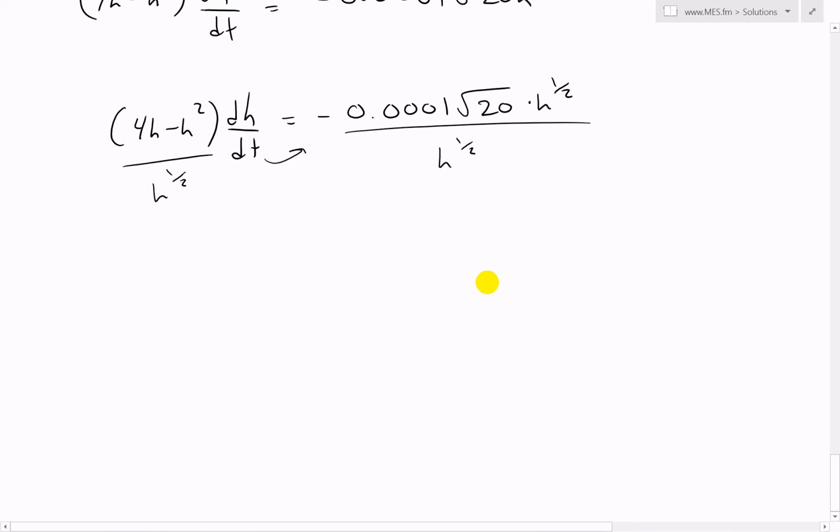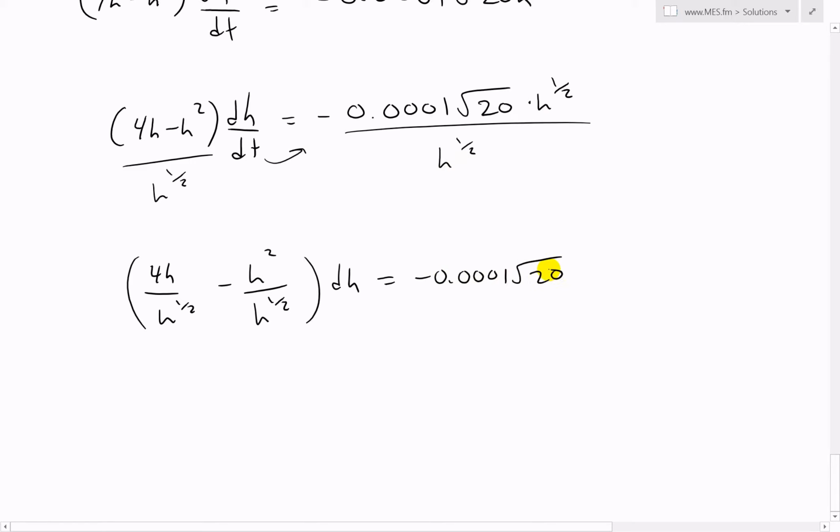Now what we end up getting is 4h over h^(1/2) minus h squared over h^(1/2), then dh, and then dt is on the other side, so this equals negative 0.0001 times the square root of 20 times dt, where the h^(1/2) cancels.